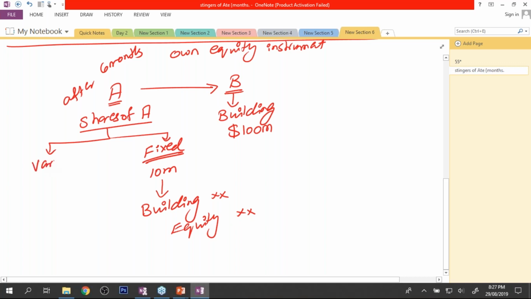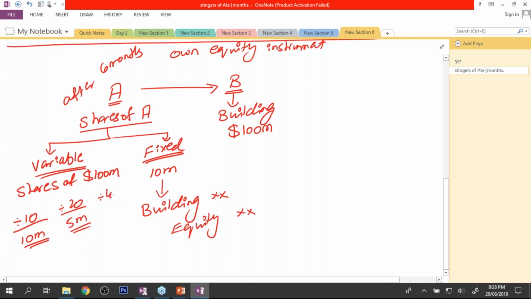And if the number of shares is variable, where A says that I'm going to give you shares worth $100 million, which means if the share price is $10, we are going to give 10 million shares. If the share price is $20, we're going to give 5 million shares. If the share is $40 after 6 months, we are going to give 2.5 million of the shares.